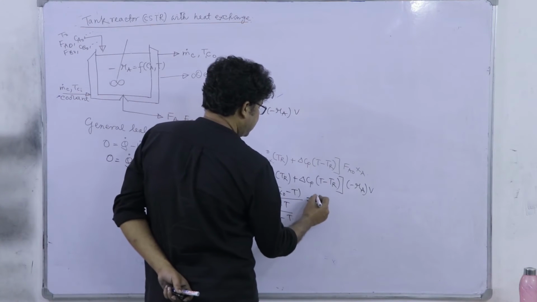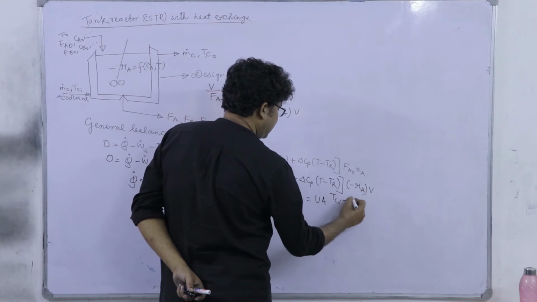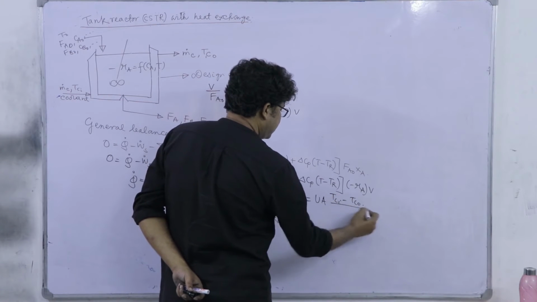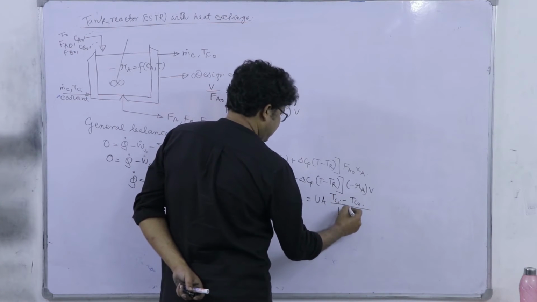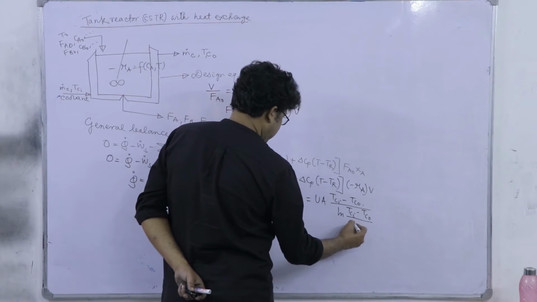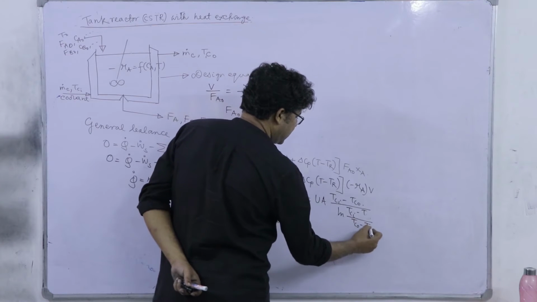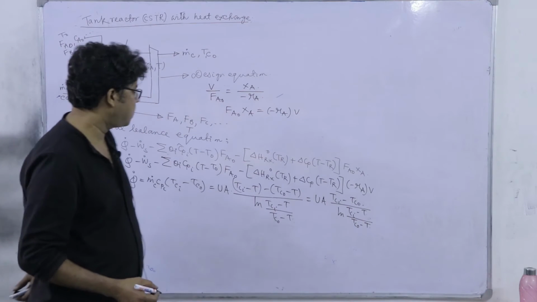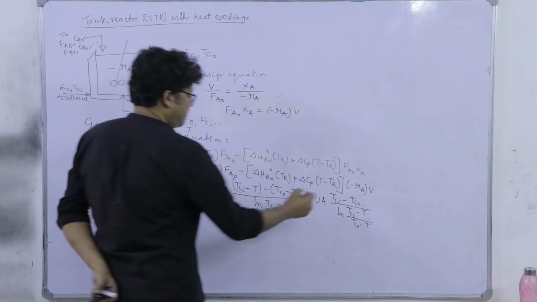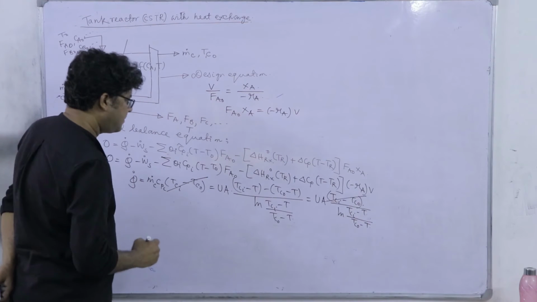So, that it gives UA into Tci minus Tco divided by ln of Tci minus T divided by Tco minus T. So, you see this Tci minus Tco cancels out from both sides.